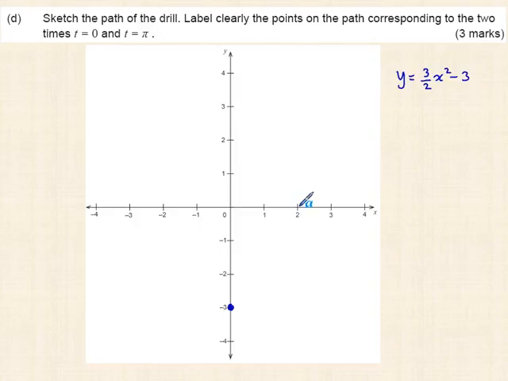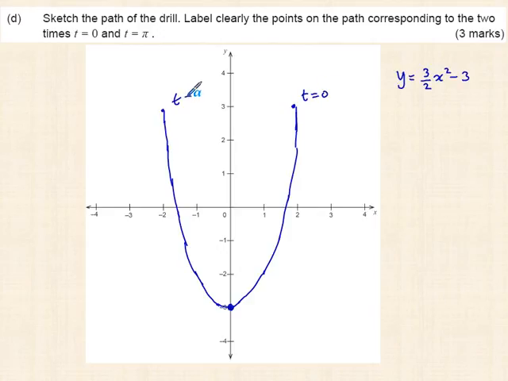And then we know initially it was at the point (2, 3). And when t was pi, it was at (-2, 3). We can see this is a quadratic, so we just need to make a reasonable sketch of that. Something like this would probably do. And we need to make a note that this is t is 0 and this is t is pi.